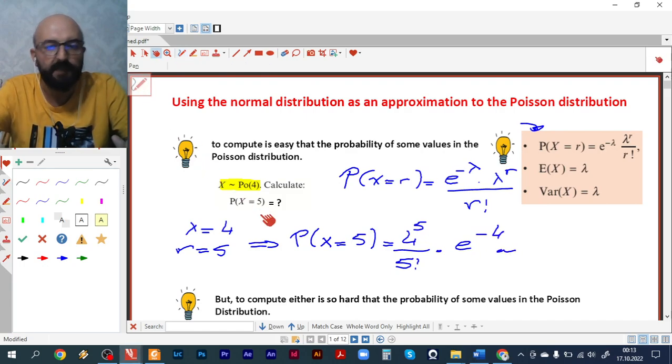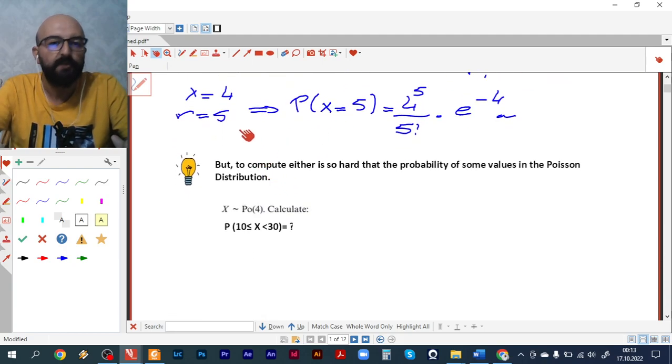But sometimes it is so hard to compute the probability of some values in the Poisson distribution.